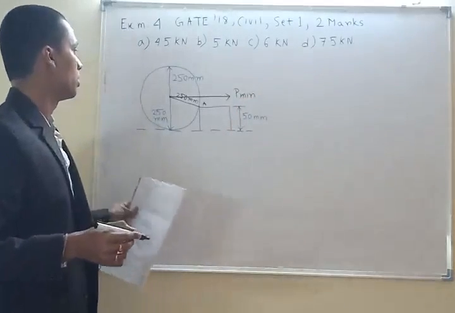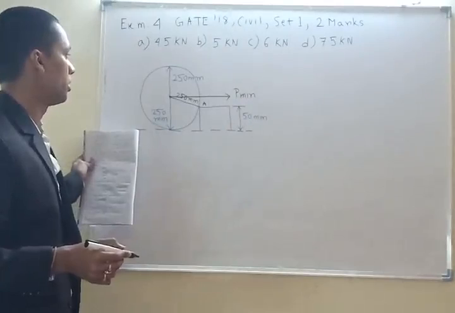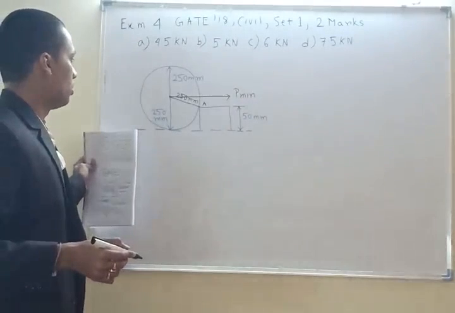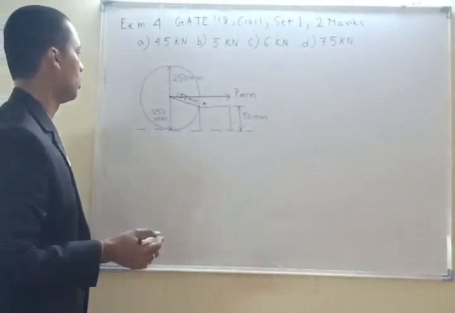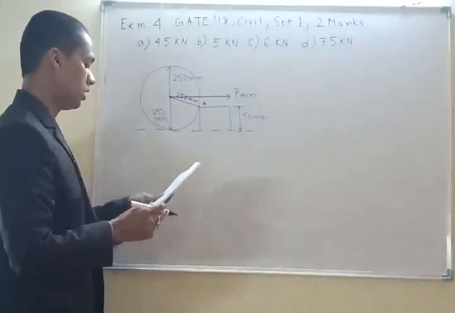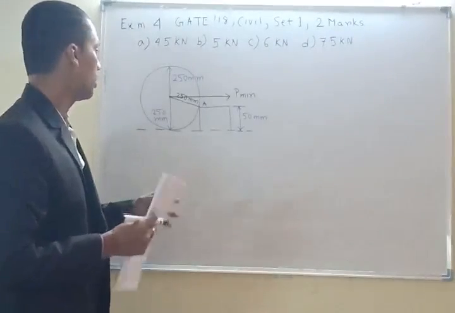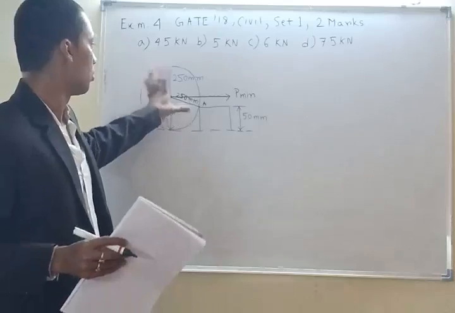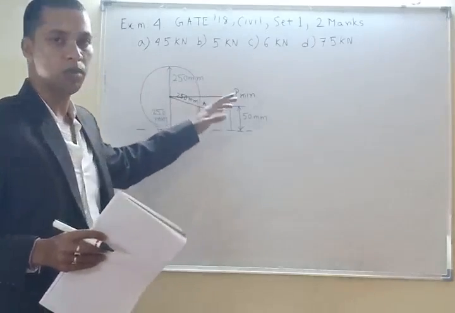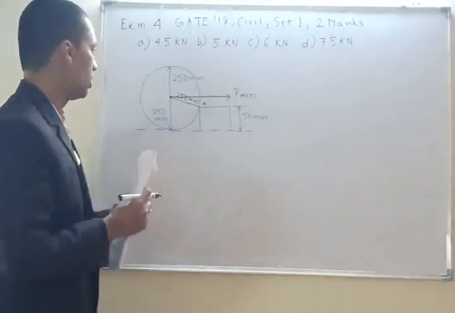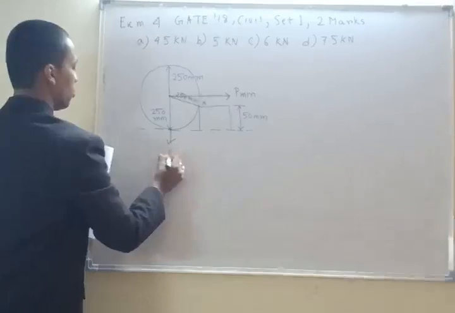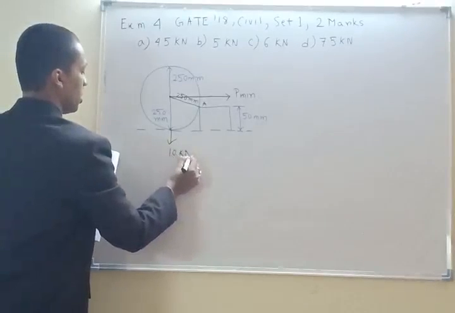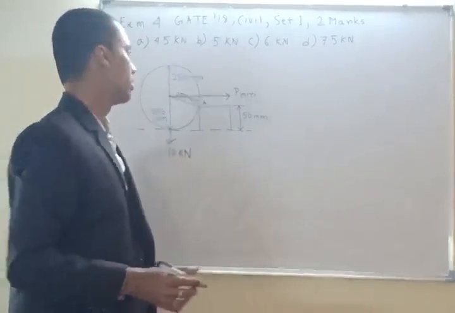To solve this, we can use what we have seen. What is stopping this wheel from moving up is its own weight. Its own weight is acting here, and that weight is 10 kilonewton.